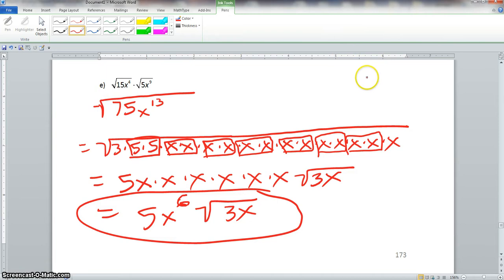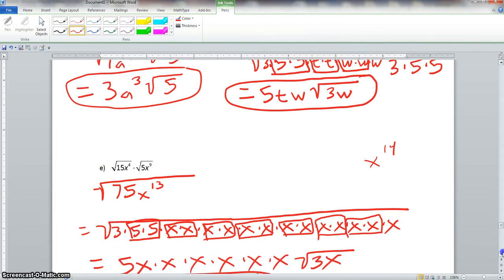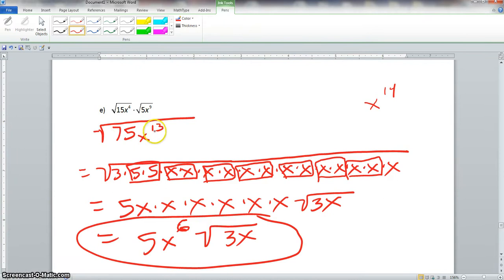So let's say that would have been x to the 14. For some reason, the screen jumped a little bit, but we'll bring it back down here. Let's say under this radical, it was x to the 14. I'm telling you to take the index of this radical, which is 2, and divide the exponent by that. So 14 divided by 2 will give us x to the 7th.